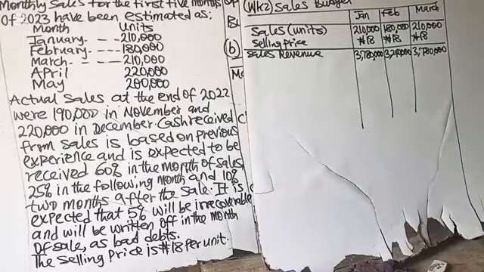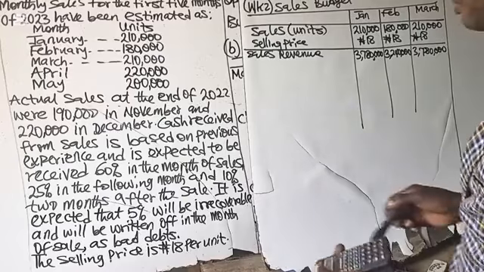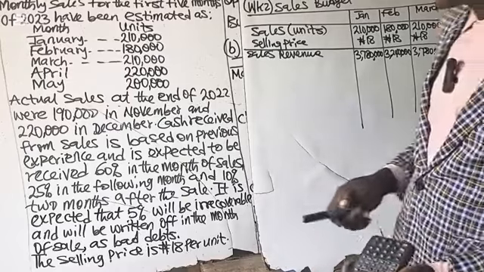Now, let's look at how the receipts are to be made in respect of the credit sales.